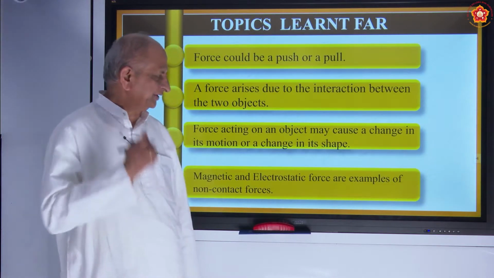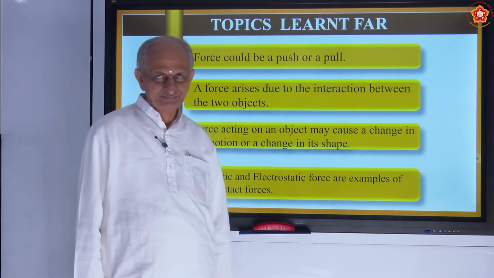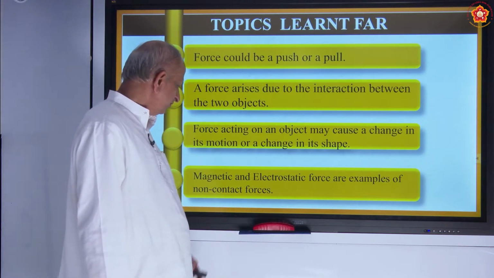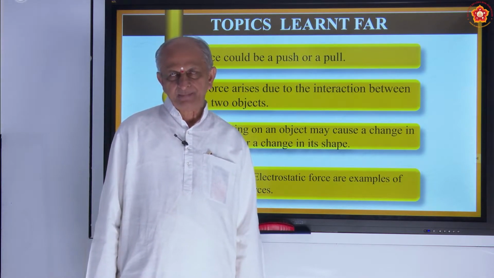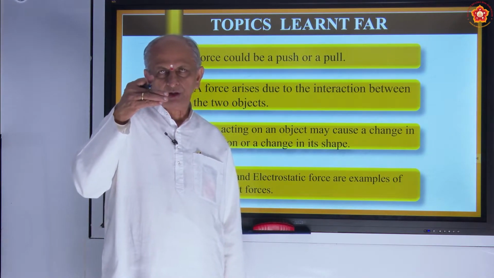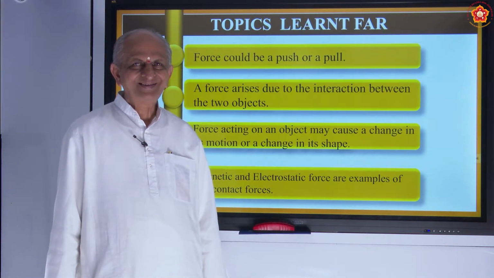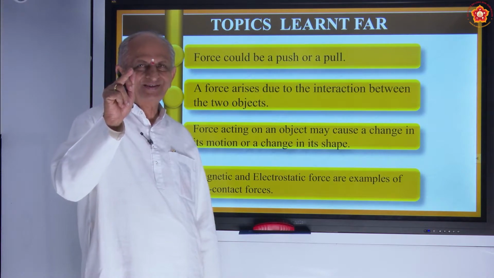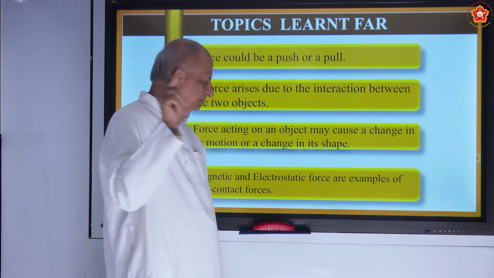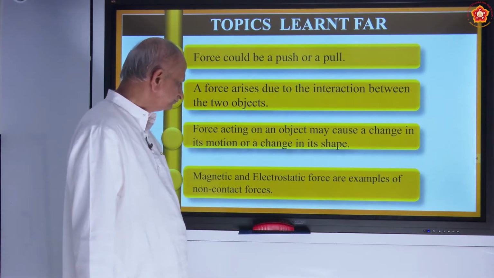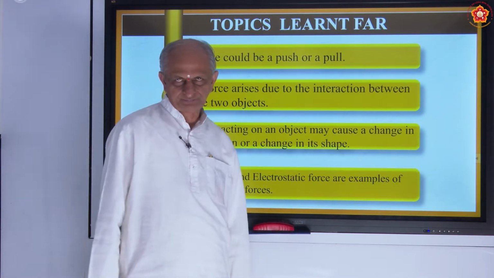And also you have seen that there are some forces where the objects are not in contact with each other. For example, magnetic force. You have studied the law of magnetic poles. What is that? Like poles repel each other, unlike poles attract each other. Similarly, electrostatic force.